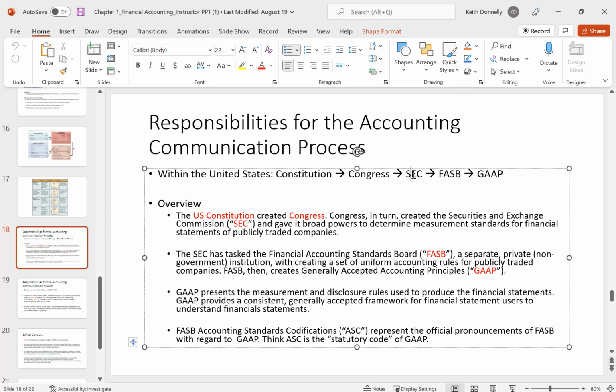The SEC has really delegated the authority for accounting rules to the FASB, the Financial Accounting Standards Board, and they make GAAP, generally accepted accounting principles. So what you should care about is who makes the rules for accounting. FASB makes GAAP. It's like the NFL makes the rule book.